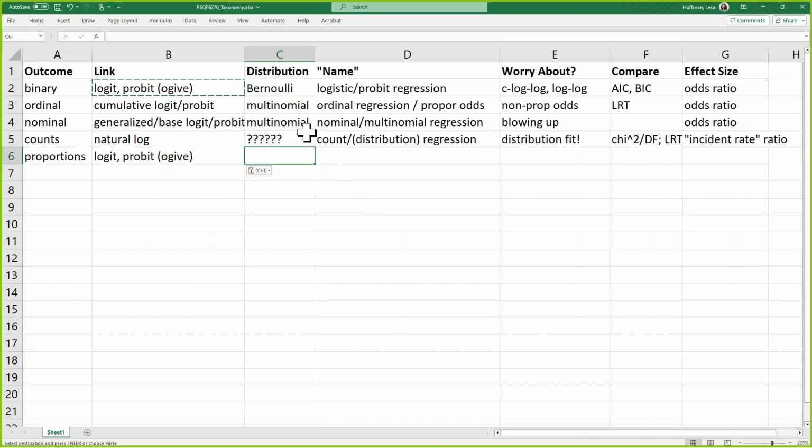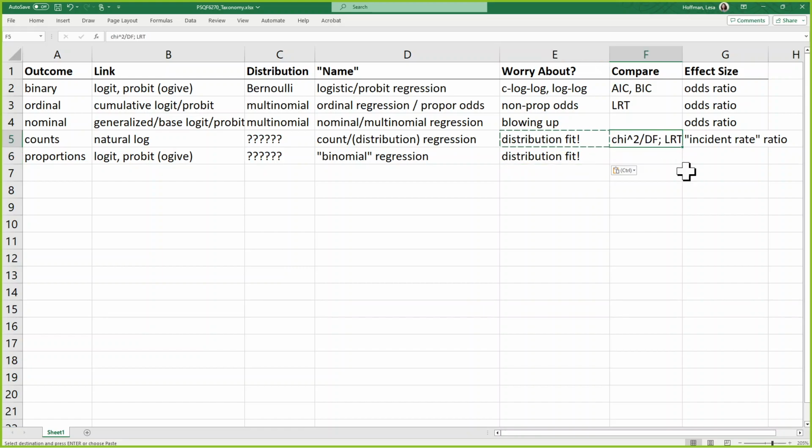It's also question marks. And I would say this would be called binomial regression, potentially. But I'm going to say we need to worry about distribution fit. And this is where we have binomial, beta binomial, 0 inflated or 1 inflated versions of those things. So the same process and logic. And then I'm going to put odds ratio down here again because it's tied to logits.